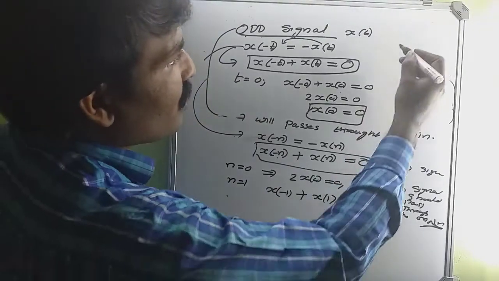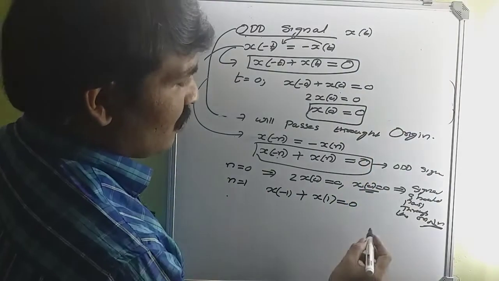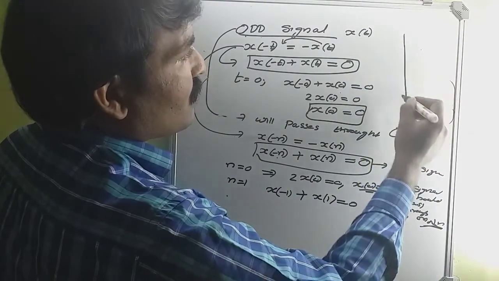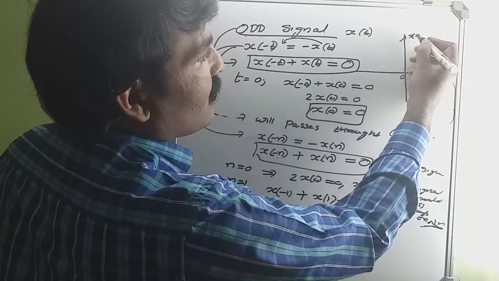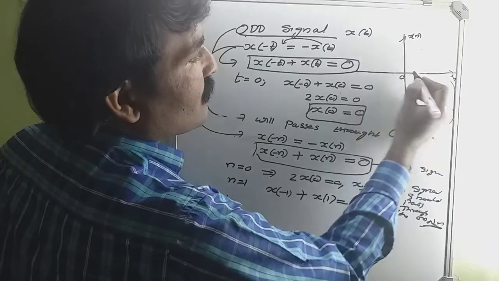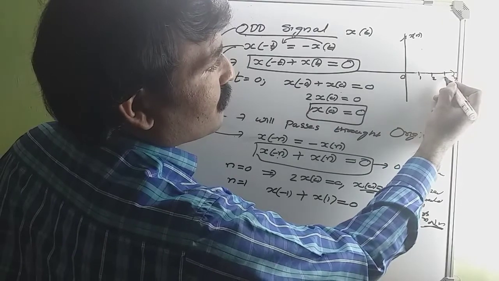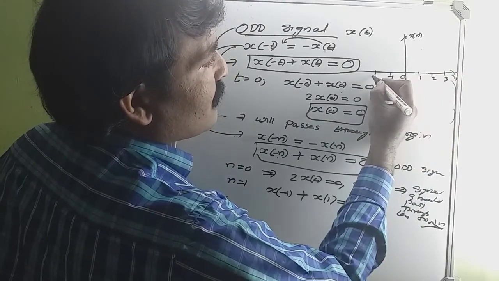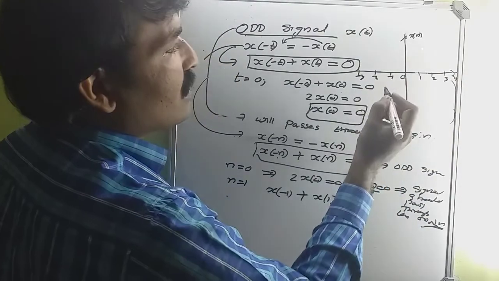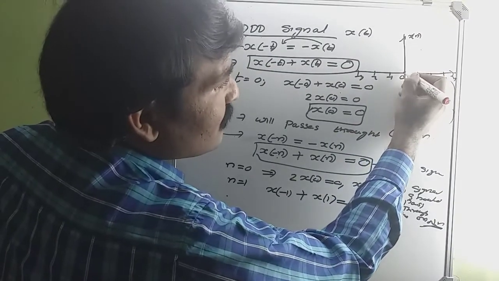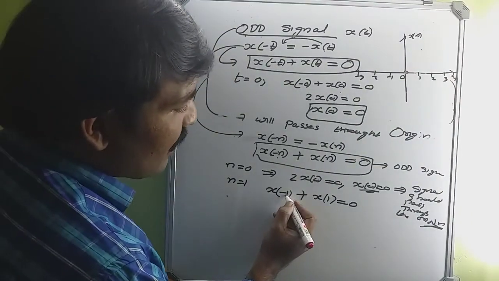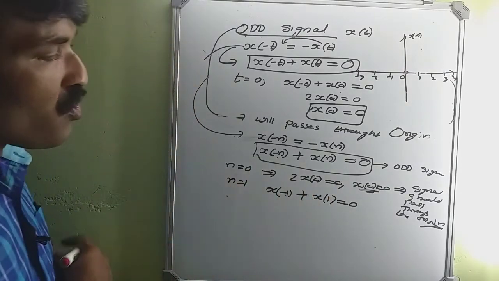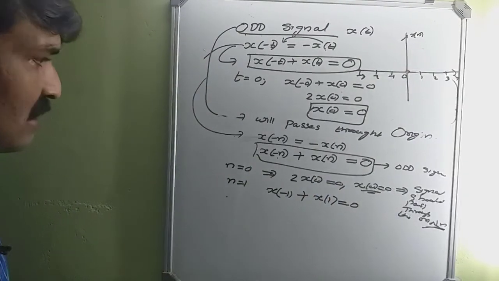So if I am drawing a figure, this is x of n against n, with 1, 2, 3, minus 1, minus 2, minus 3. So at 0 it is 0. Then x of minus 1 plus x of 1 should be 0.